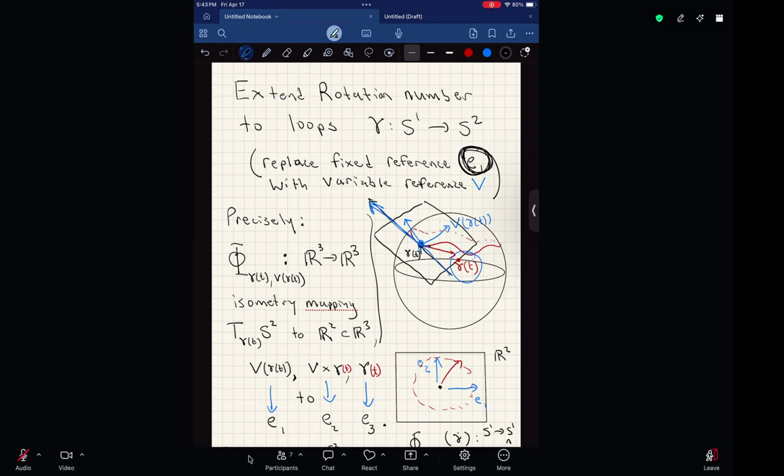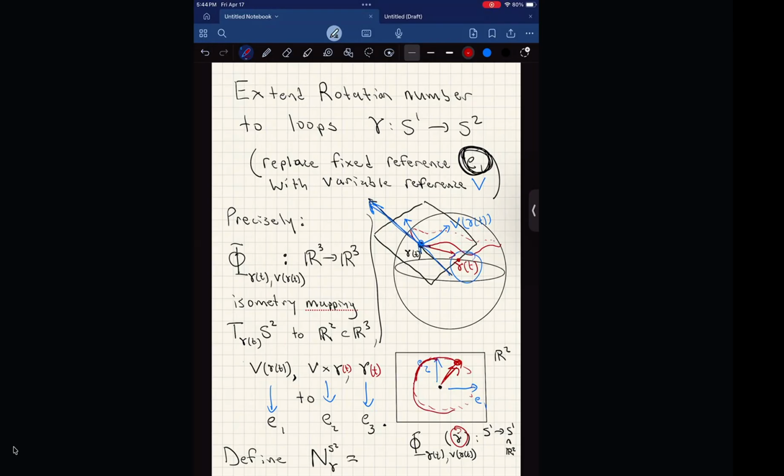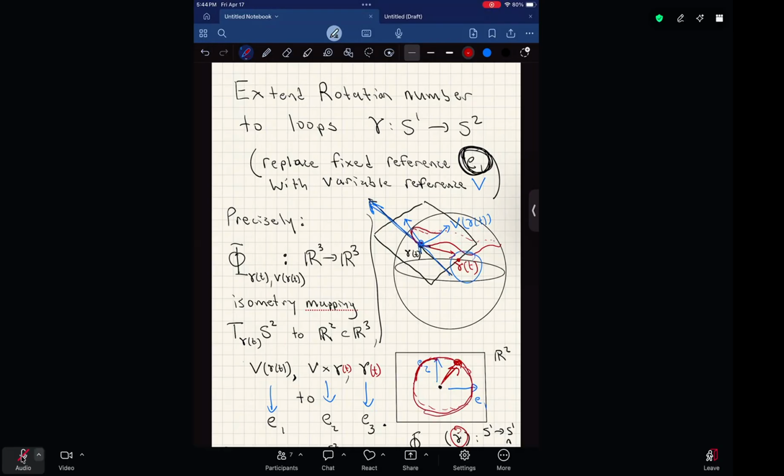All I'm trying to do is watch this tangent vector, or this image of the gamma dot, which is now on this R2 plane. I'm watching it dance around on the unit circle. As I traverse my curve in my oriented direction, I'm watching this image move around in the unit circle.